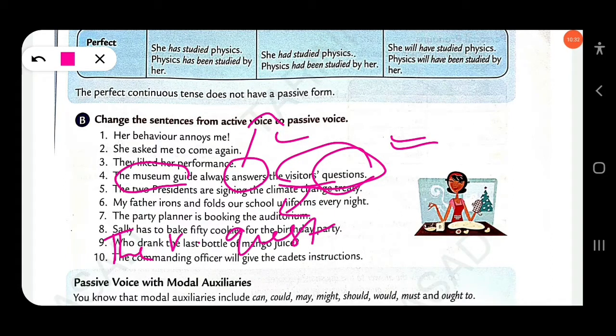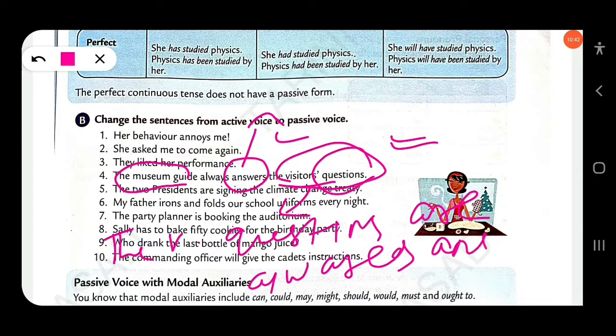The visitors' questions are always answered. You can also write the adverb of frequency here. You have to use the third form of the verb. The visitors' questions are always answered by the museum guide. So here the agent is the museum guide. Clear?